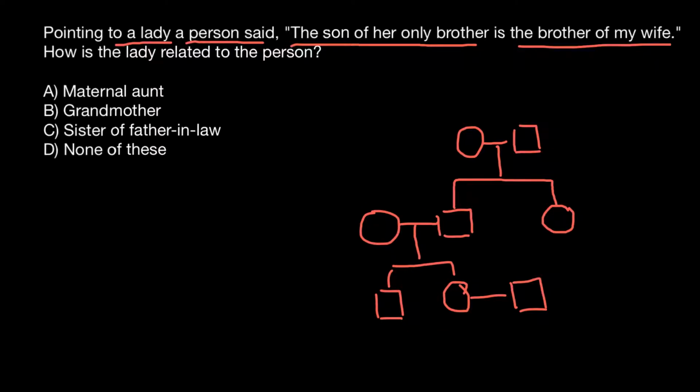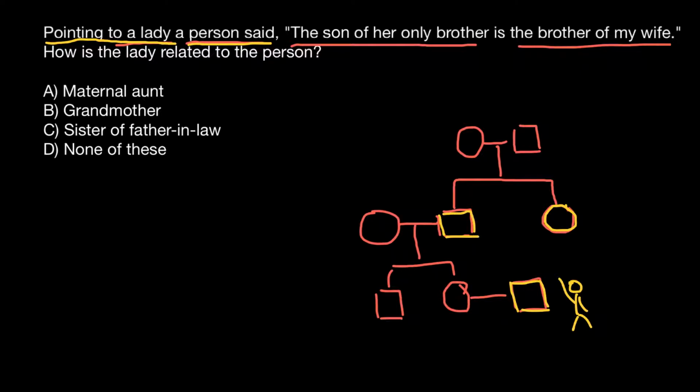One more time, pointing to a lady. So this person here, let me write him here, is pointing at this lady, and he is saying, "The son of her only brother."